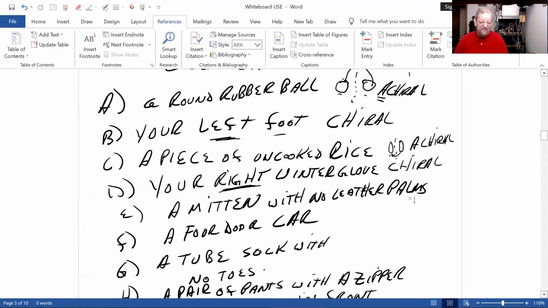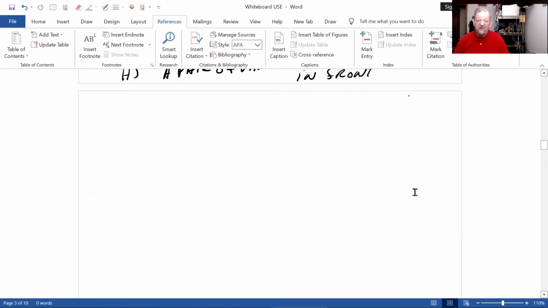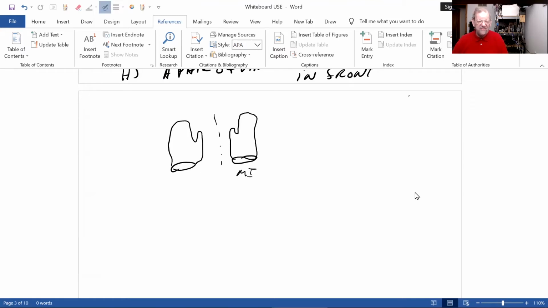All right, now, a mitten with no leather palms. Look out, warning, artwork coming up. I told you I'm not an artist. There's your mitten. If I have my mirror, here would be my mirror image.